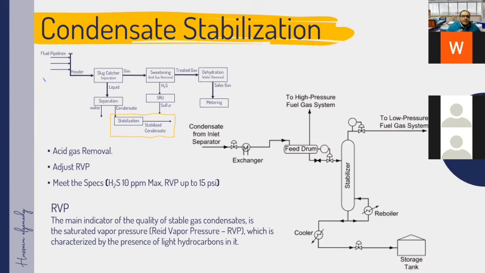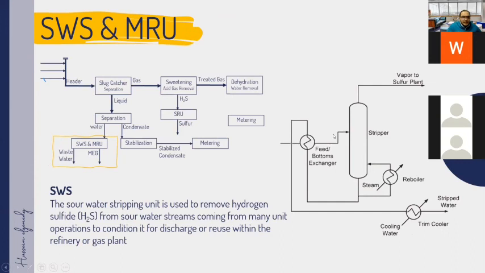The stabilization process is just like the fractionation or the distillation. It's a heating process and then separation based on the boiling point. Okay, this is a very simple BFD of the stabilization process. After that, the last point is which medium is used in the exchanger.